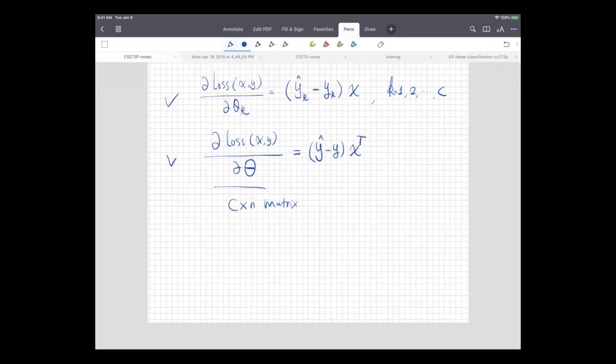So let's look at what this means. In this representation, remember that the left-hand side has to be a matrix, this gradient matrix. You're going to calculate loss with respect to each individual component of that parameter matrix. And the right-hand side has to be a matrix, right? So indeed, that's going to be a matrix here. The way I get the matrix is the outer product between these two vectors.